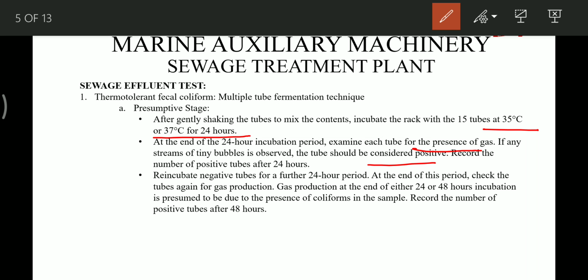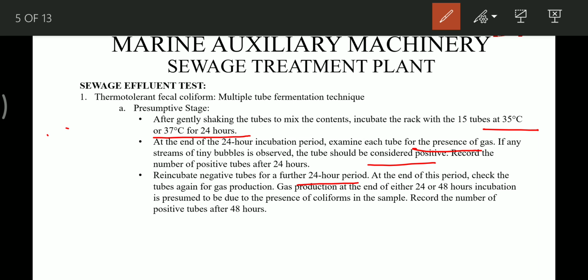So after 24 hours, all the tubes which show the presence of gas are marked positive. The tubes which are not showing the presence of gas are re-incubated for the next 24-hour period, and at the end of this period the tubes are again checked for gas production.